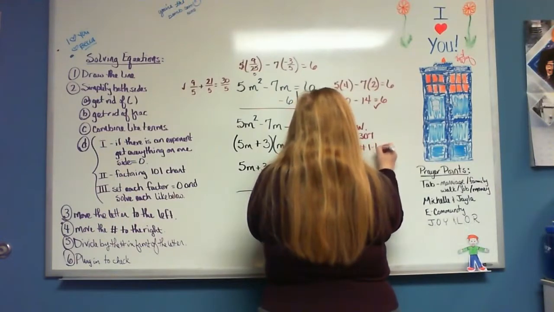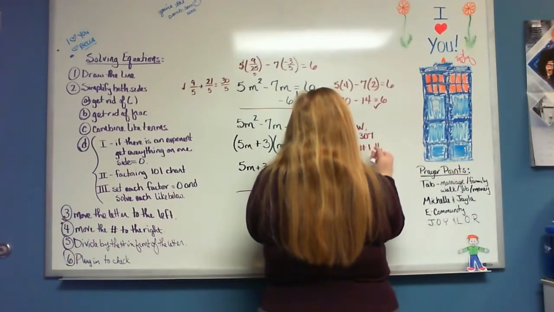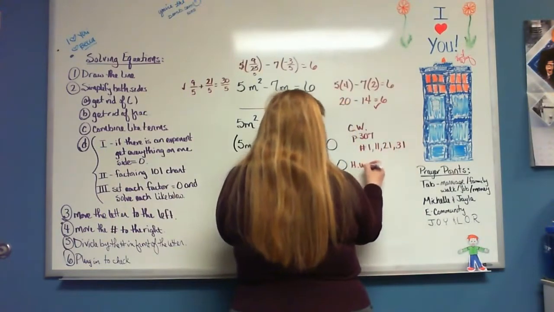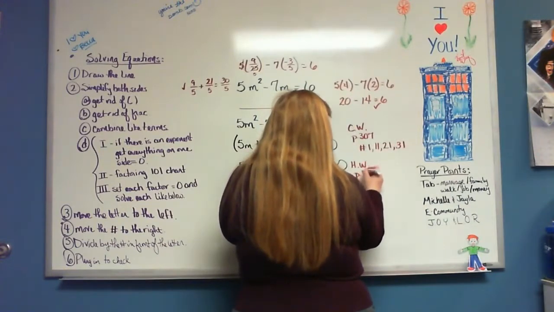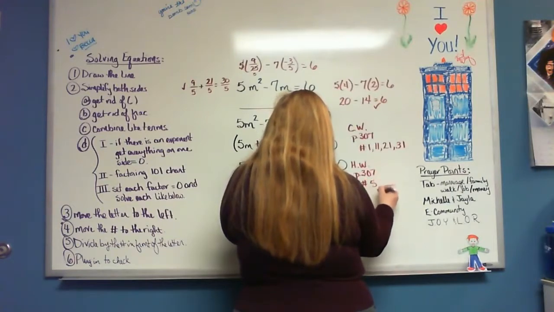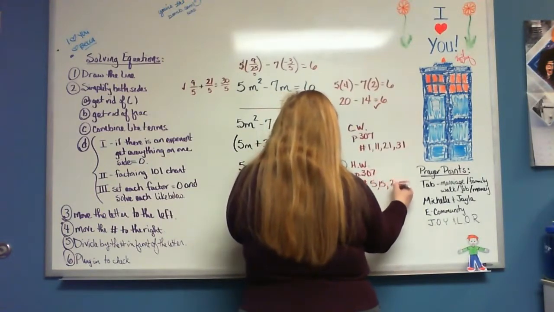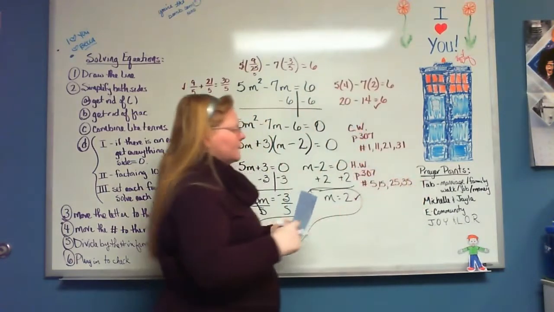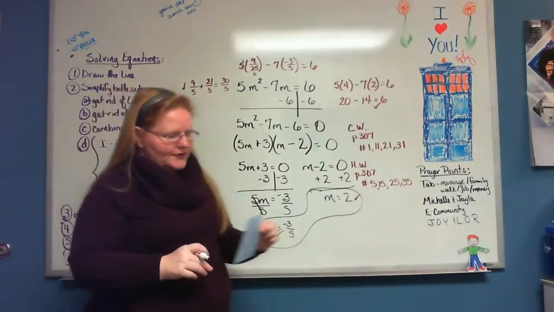Numbers 1, 11, 21 and 31. And then the homework is 5, 15, 25, and 35. That's what you're doing today.